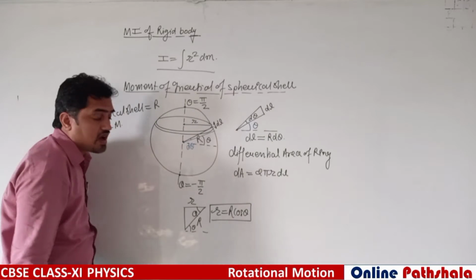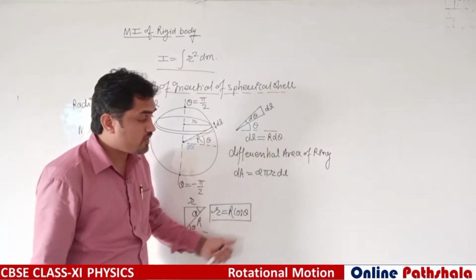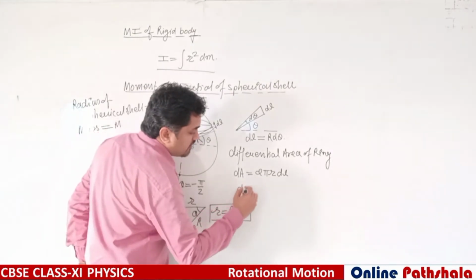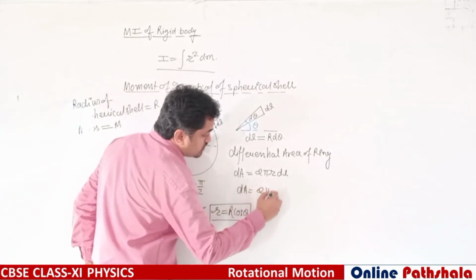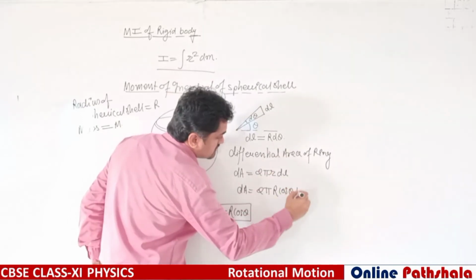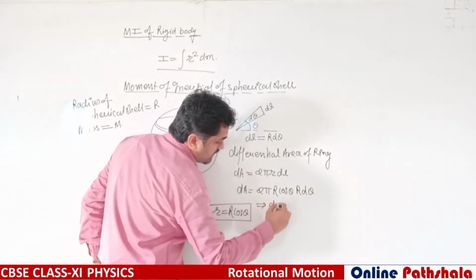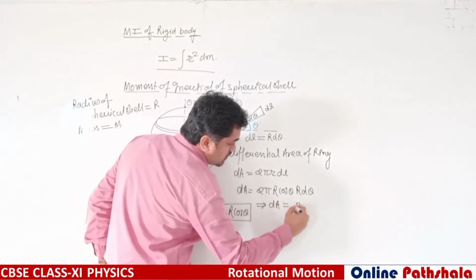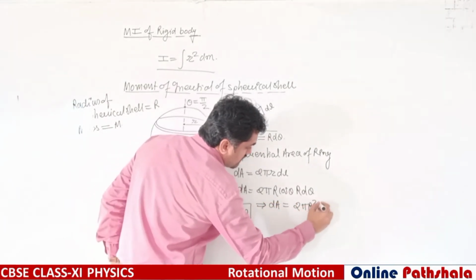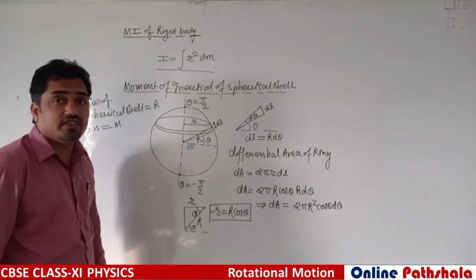The radius of the differential ring can be written as R cos theta. Okay. So, putting in the value of this small r, it is 2 pi into R cos theta, and differential thickness is R into d theta. So, this differential area is equal to 2 pi R square into cos theta into d theta. This is the differential area.